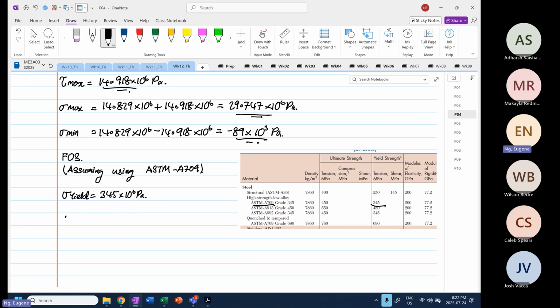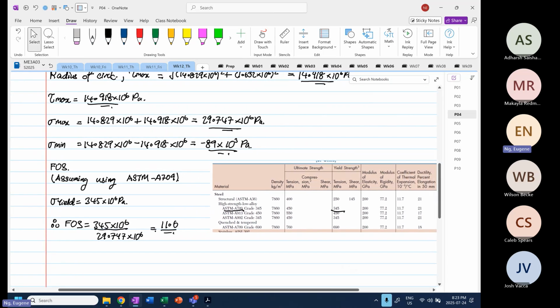So therefore, the factor of safety will be equal to 345 times 10 to the power 6 divided by 29.747 times 10 to the power 6. Okay, so 345 to the power 6 divided by 29.747 to the power 6 is equal to 11.6. That is your factor of safety.